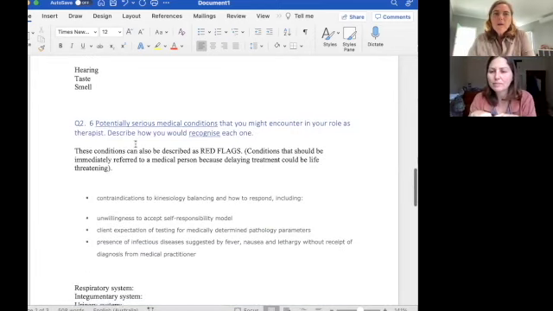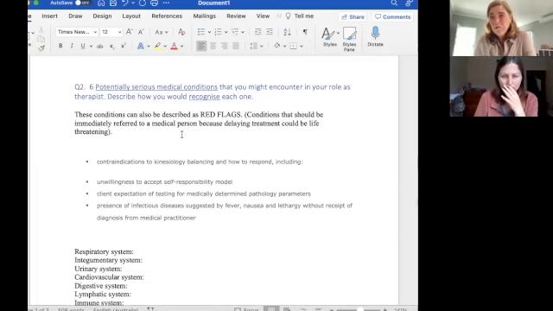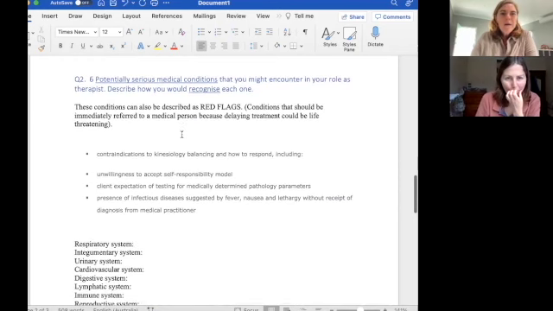But here, the next part was the 6 potentially serious medical conditions, and we have mentioned a few of those in what we've said. But the question says how you would recognise each one.